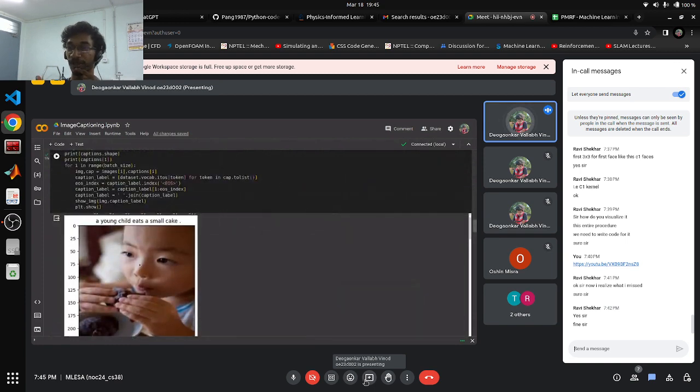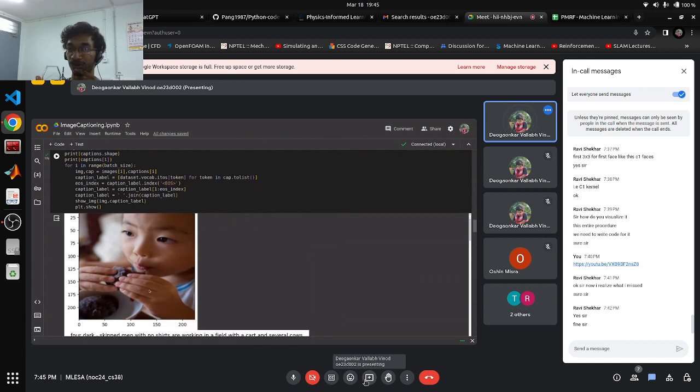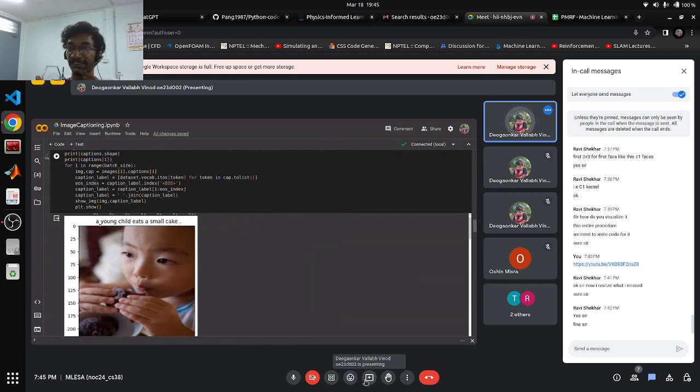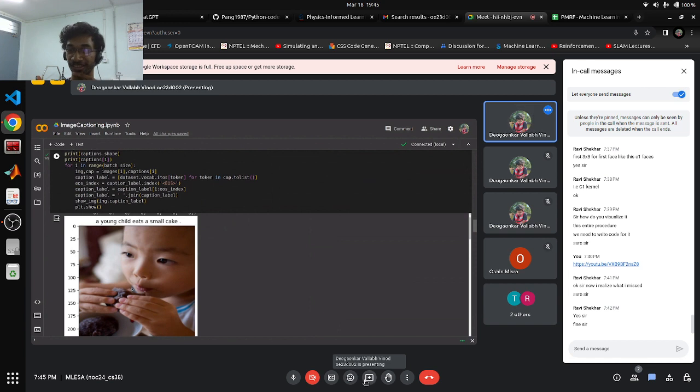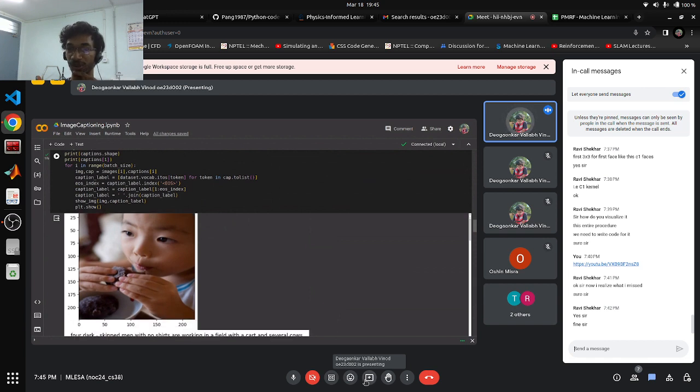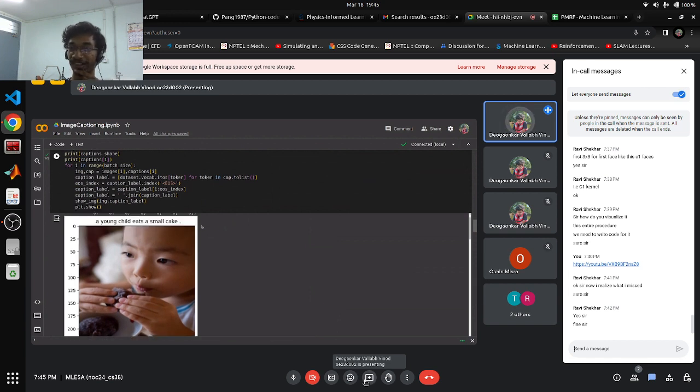For this particular image, the caption is: a young child eats a small cake. So in this image, your model needs to understand what part of the image denotes the cake and what part denotes the child. That association it needs to make. That is the general idea of these image captioning tasks. Is that making sense?